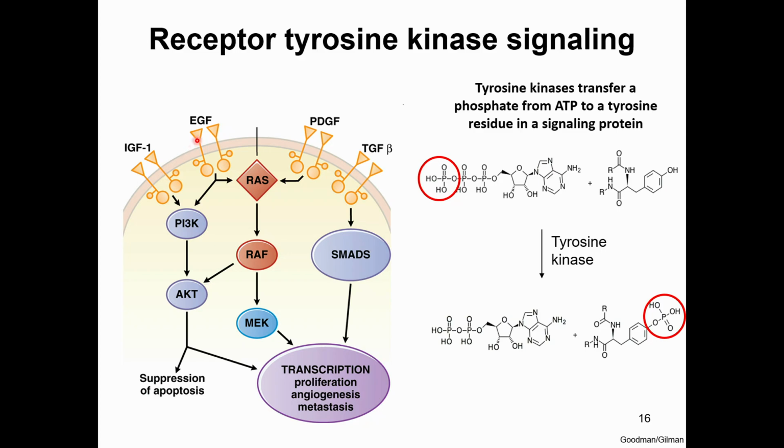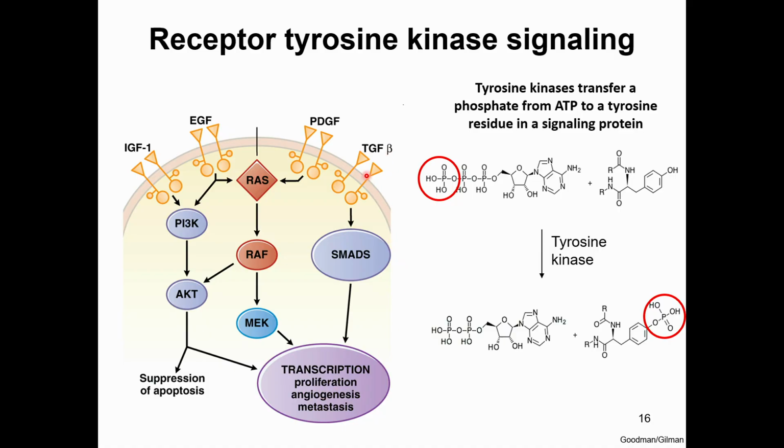Here, IGF-1 and EGF can activate a different protein, PI3 kinase, which activates another kinase called AKT, and that can suppress apoptosis and also cause proliferation.